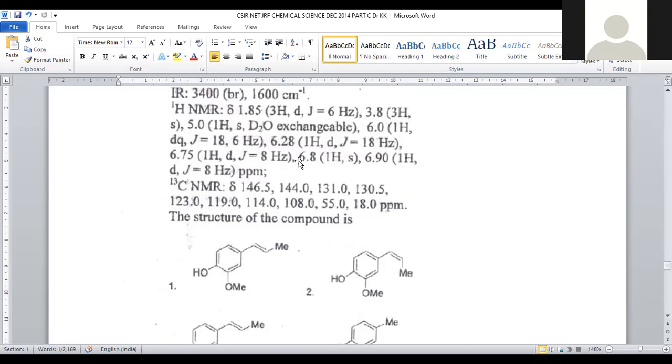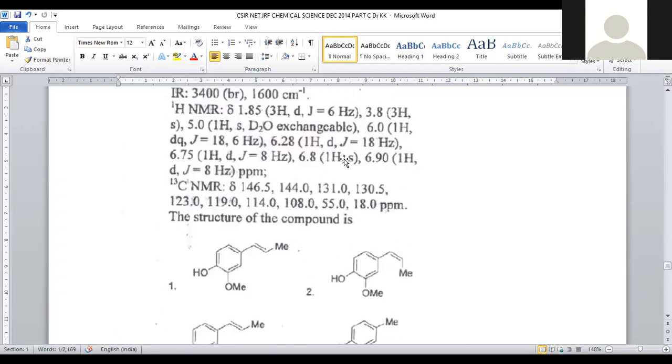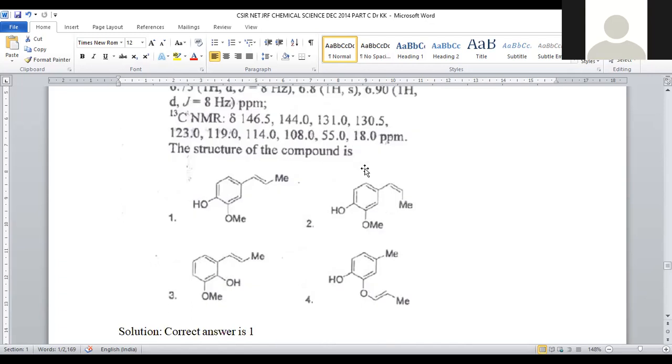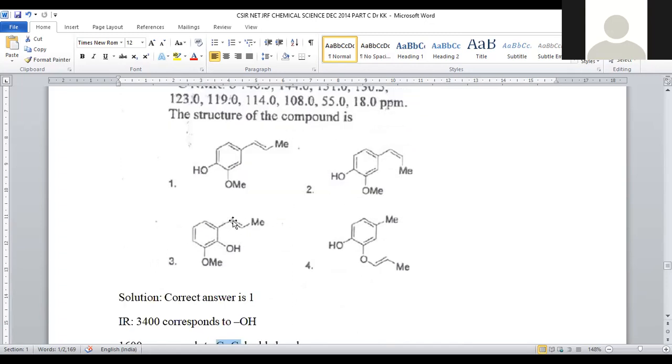Now 6.75, 6.8, 6.9 correspond to what? These correspond to three sets of aromatic protons. If you have only 2 sets of aromatic protons, that indicates what? A para-substituted compound. But here the aromatic protons are 6.75, 6.8, 6.9. 3 aromatic protons are there.